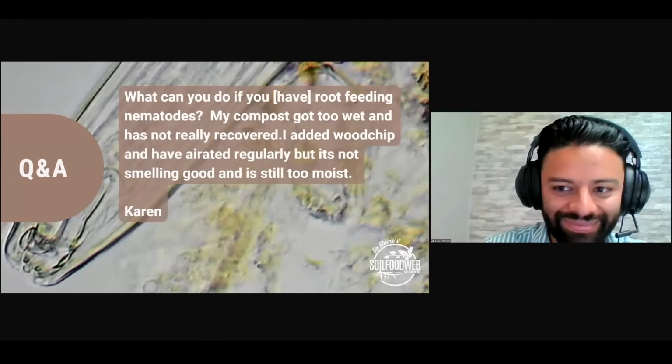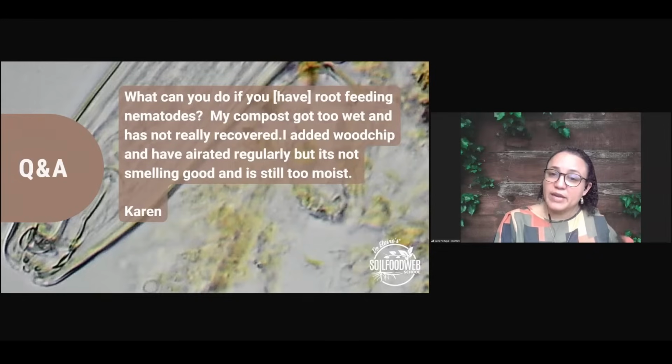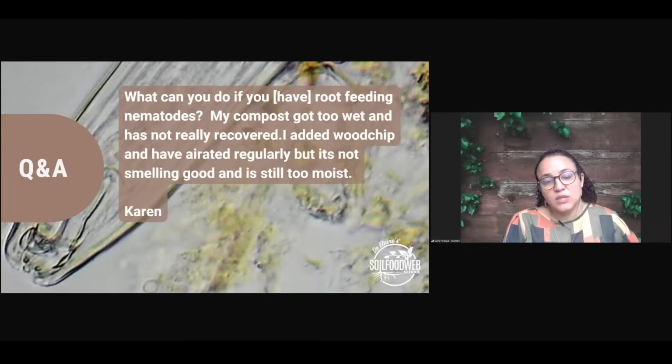Yeah, my favorite approach on that in the soil is to get a good compost where I have a lot of predatory nematodes and make a good nematode extraction and apply it in the areas where I'm seeing the root-feeding nematodes.